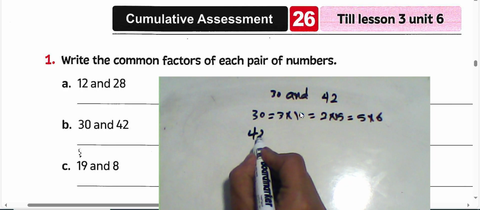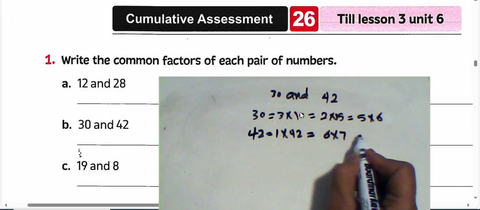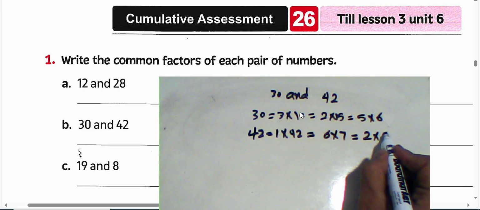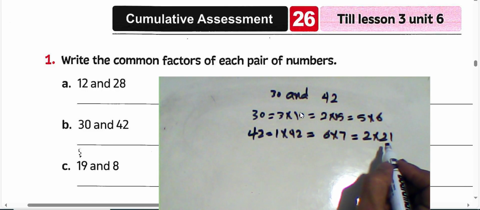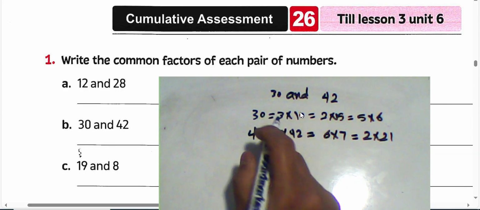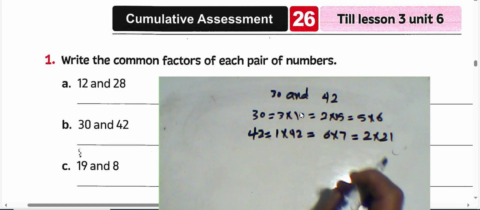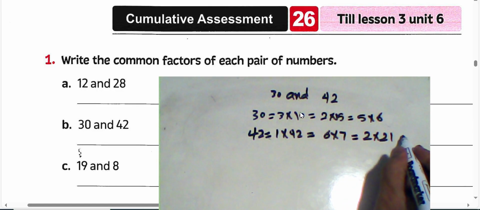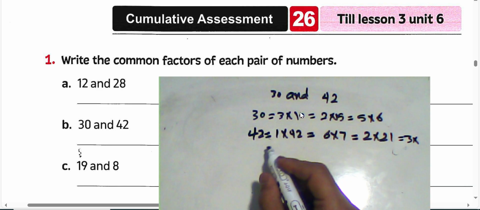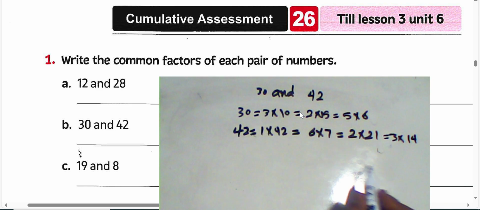And what about 42? 42 equals 1 times 42, equals 6 times 7, equals 2 times 21, and also 3 times 14.